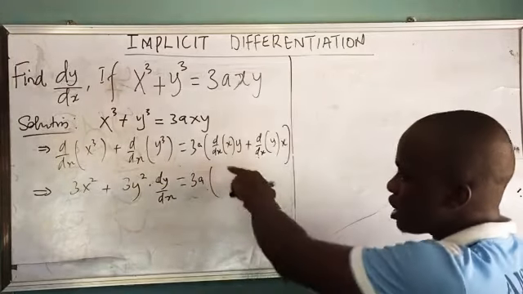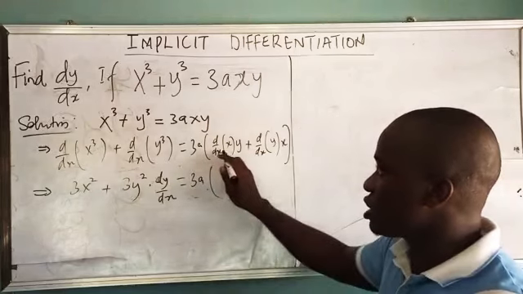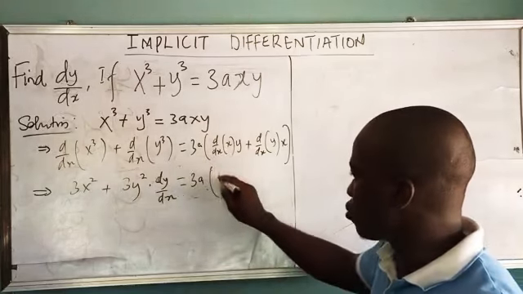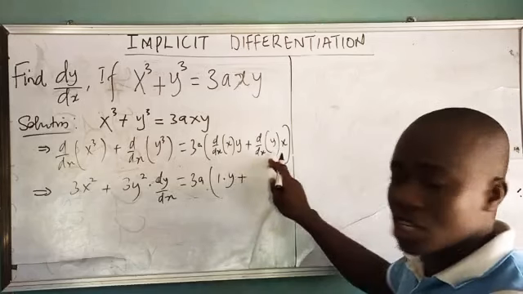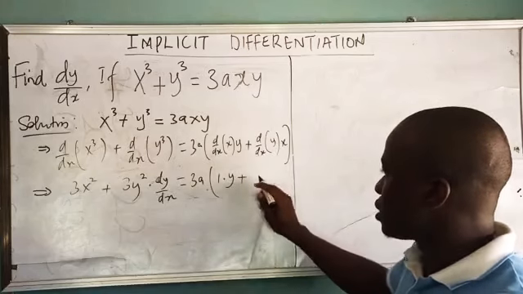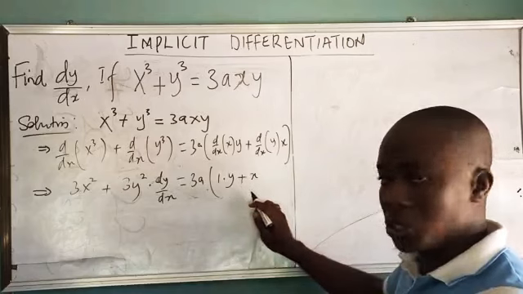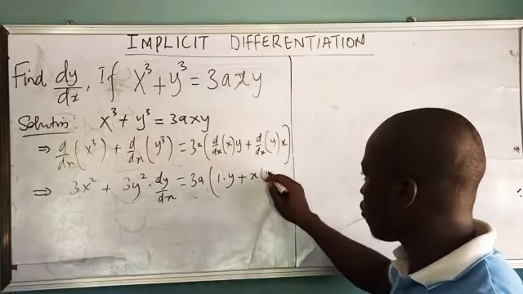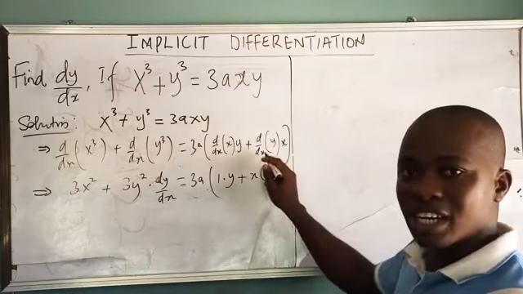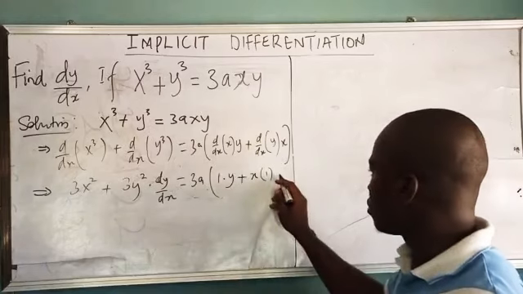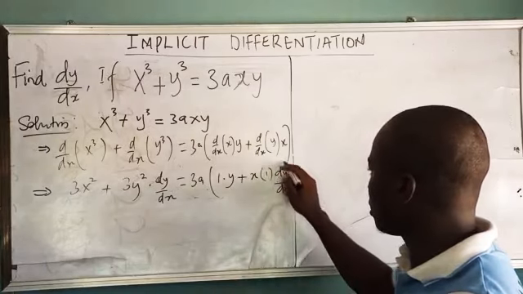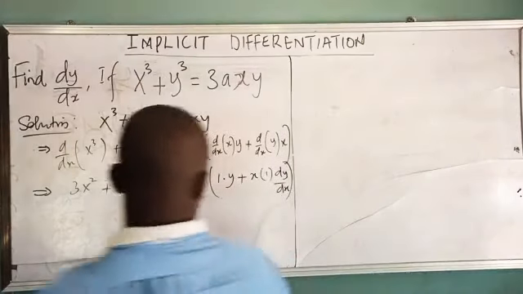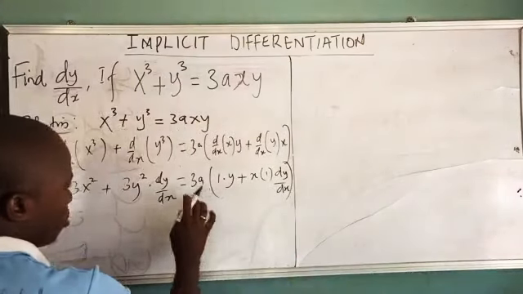You differentiate x and keep y, so the differentiation of x is 1 multiplied by y, plus you differentiate y and keep x. Therefore we keep x as constant. The differentiation of y is 1, but do not forget that you are differentiating y, therefore you have dy/dx. Now solve this further by opening the brackets.